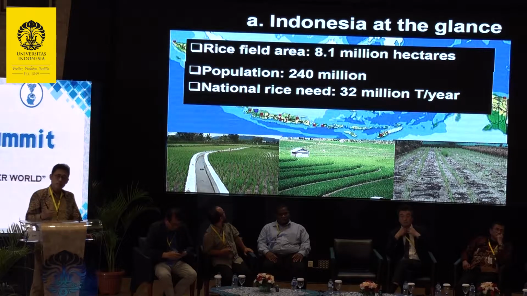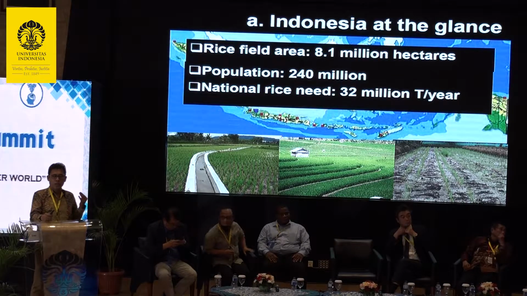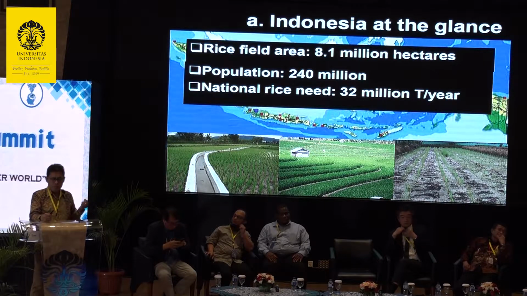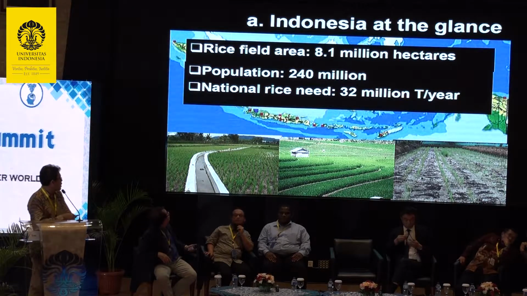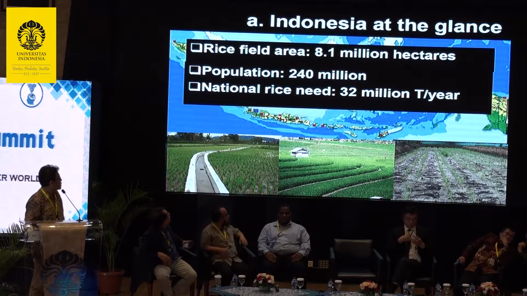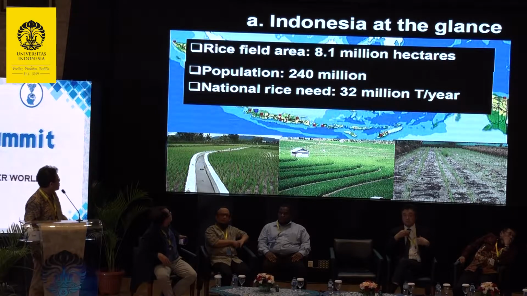To address this problem, we in cooperation with the Japan Space System and the Agency for the Assessment and Application of Technology Indonesia, and also with the Ministry of Agriculture, developed remote sensing technology to make a prediction.